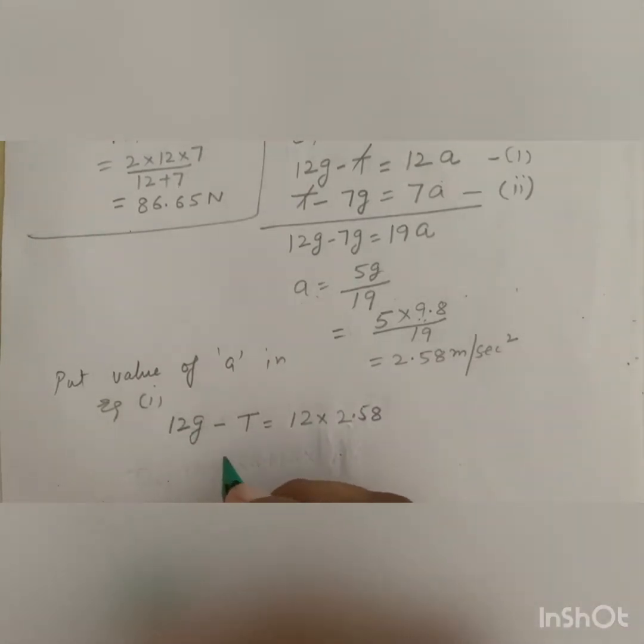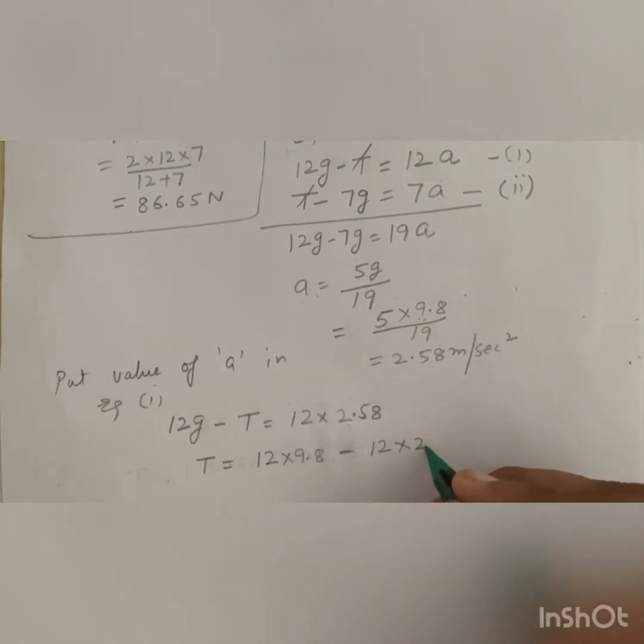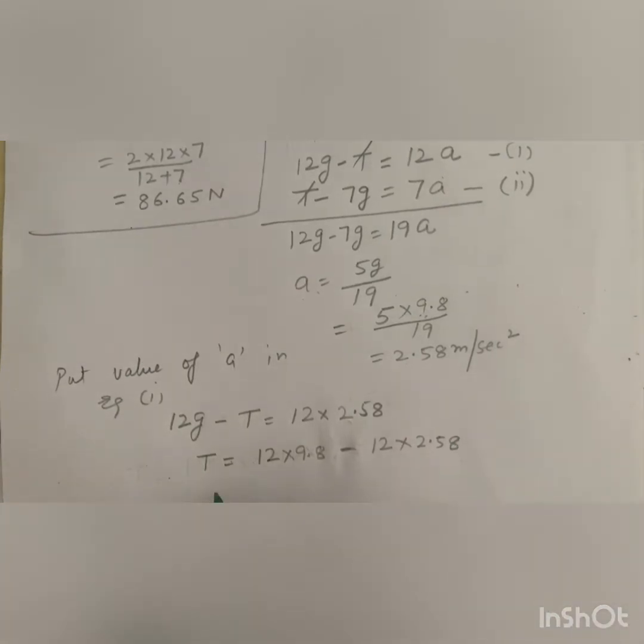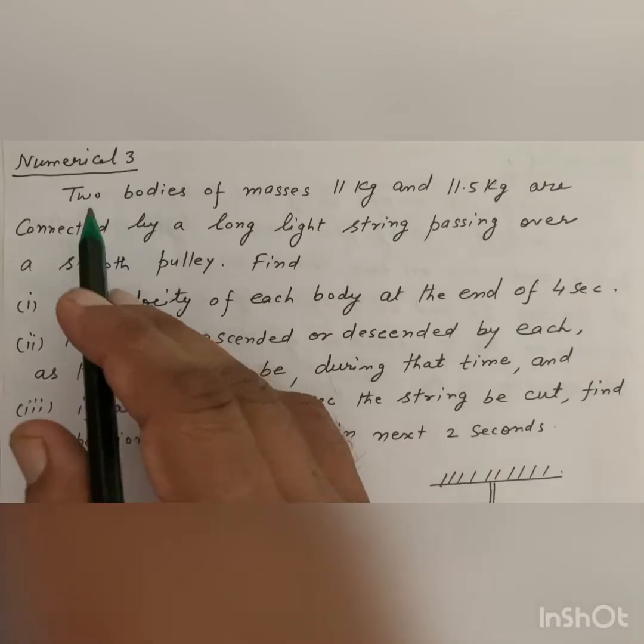Here we have T equal to 12g, value of g is 9.8, minus 12 into 2.58, and on solving we get 86.65 Newton. Answer.